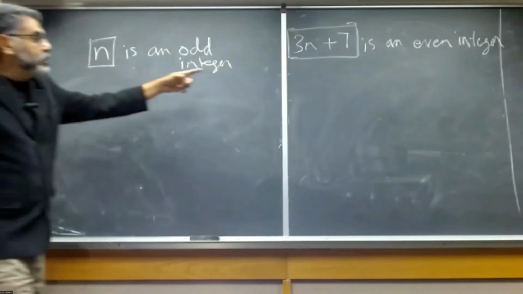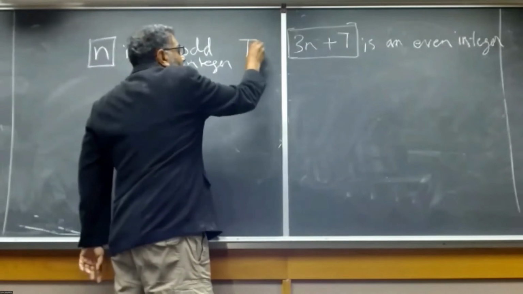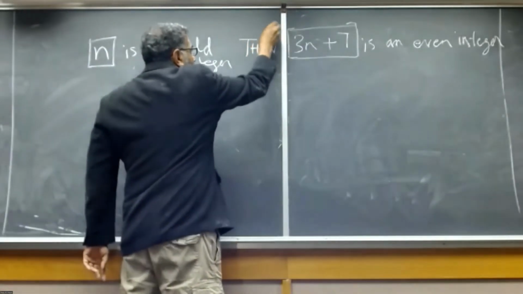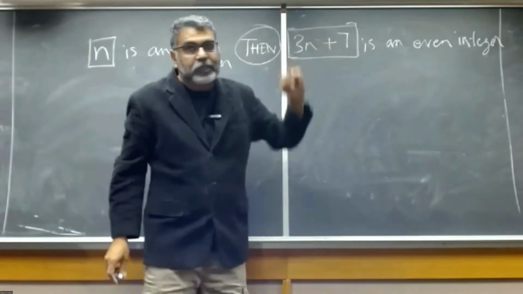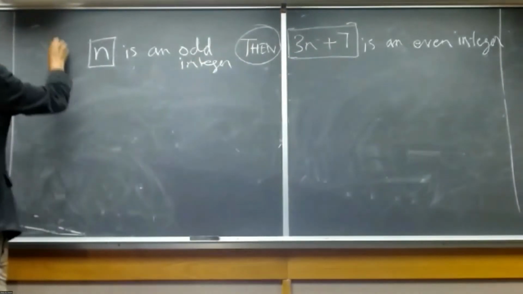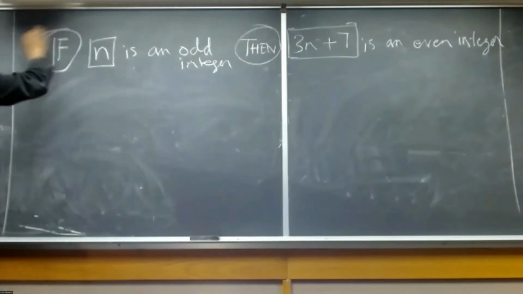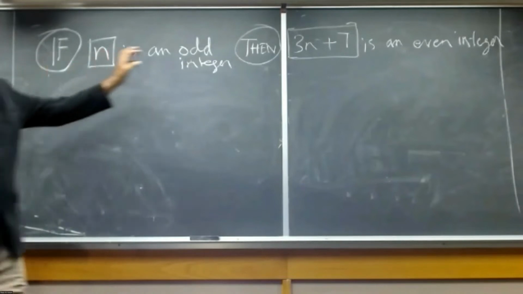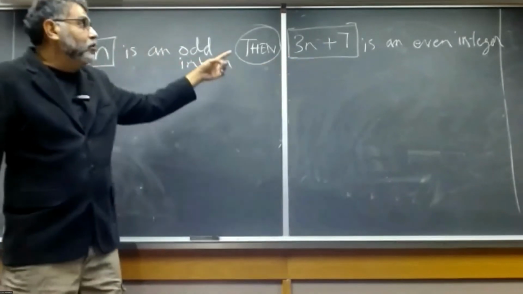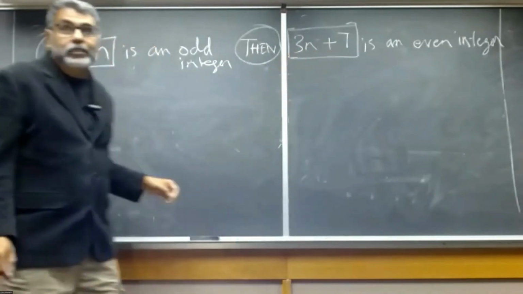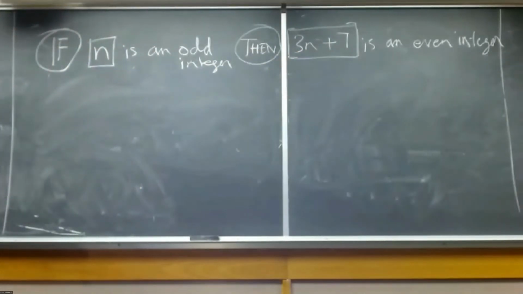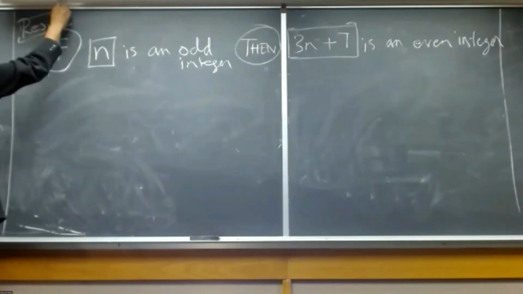If n is an odd integer, then this expression will always sum to an even integer. So now what you have is an implication. Somebody was playing around with that, thought, what if this was odd? Will it always give me an even integer? Oh yeah, it does. And so this is the result that we want to prove.